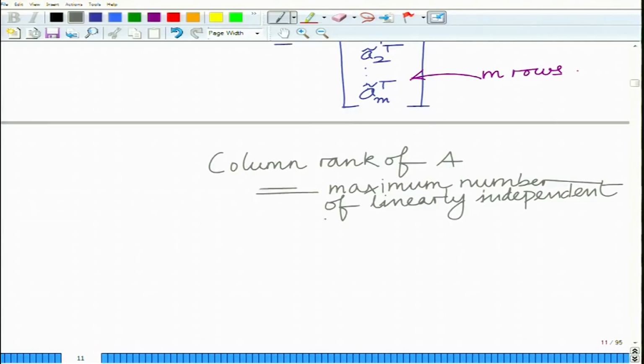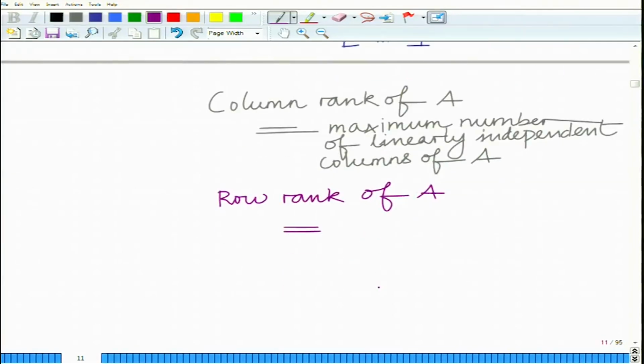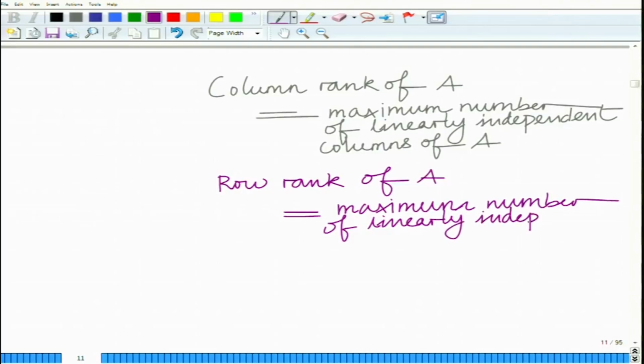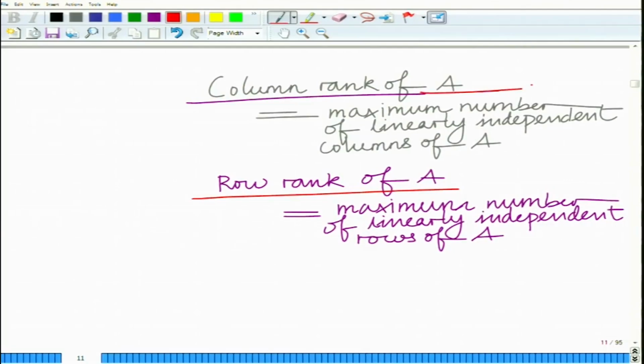So, the maximum number of linearly independent columns of A. Now, similarly, the row rank of A equals the maximum number of linearly independent rows of A. So, this is the column rank of A and this is the row rank of A.